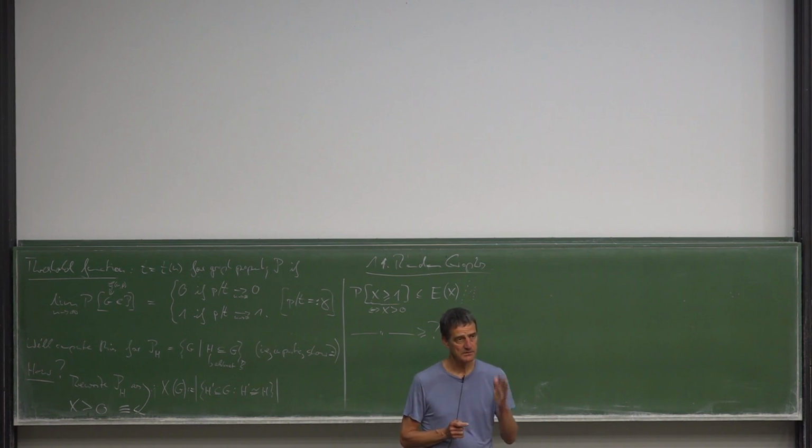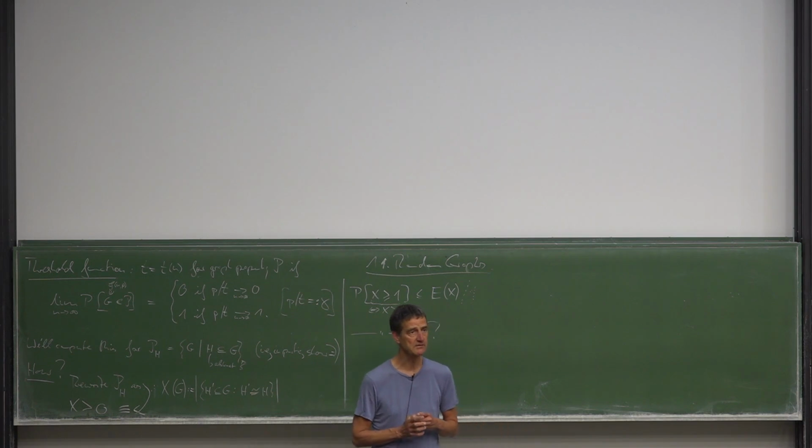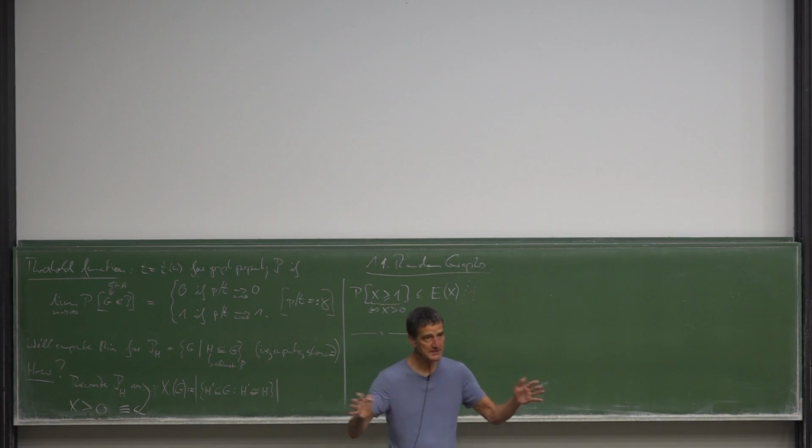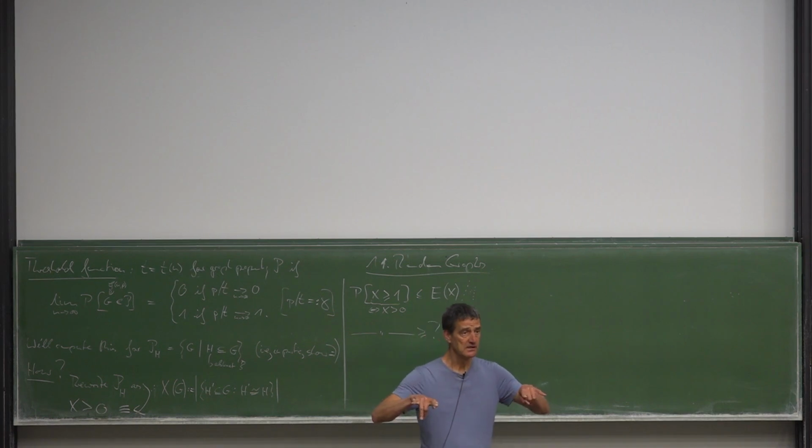So we know the mean, we know the expected value, we know the integral of X, and we want the probability, the measure of those G where X is non-zero. We want that to be large. What assumptions about the expectation will allow us to deduce that? Answer: none.